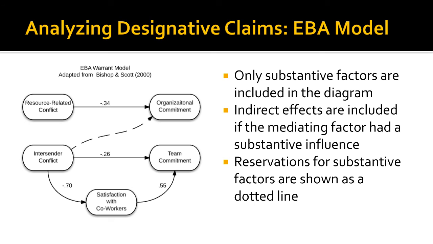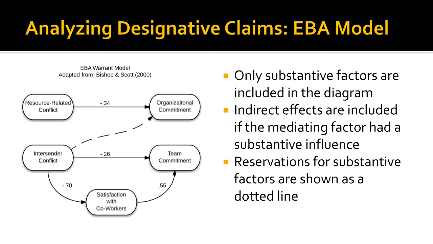A causal factor that had substantive effects on one outcome, but insubstantial effects on another, provides a reservation for the model. We show this reservation by using a dotted line connecting inter-sender conflict and organizational commitment. The correlation estimate is removed from the reservation line to show that this estimate needs to be determined from further analysis.